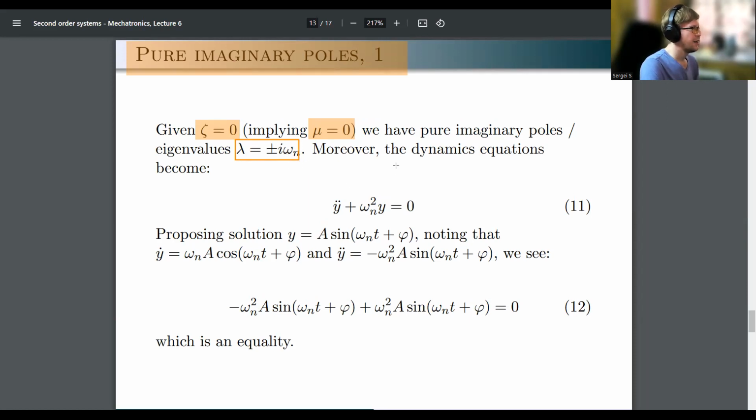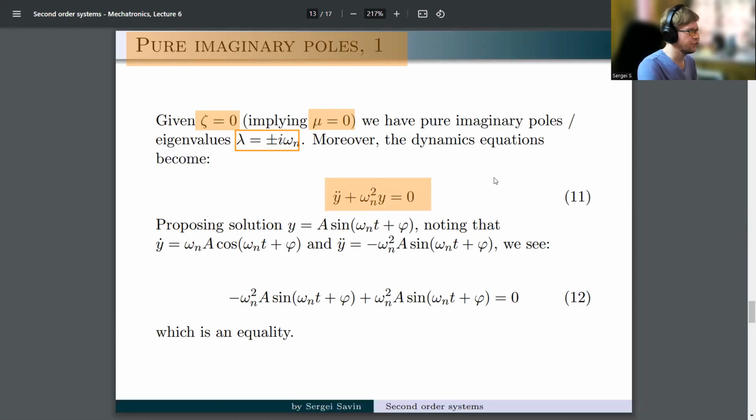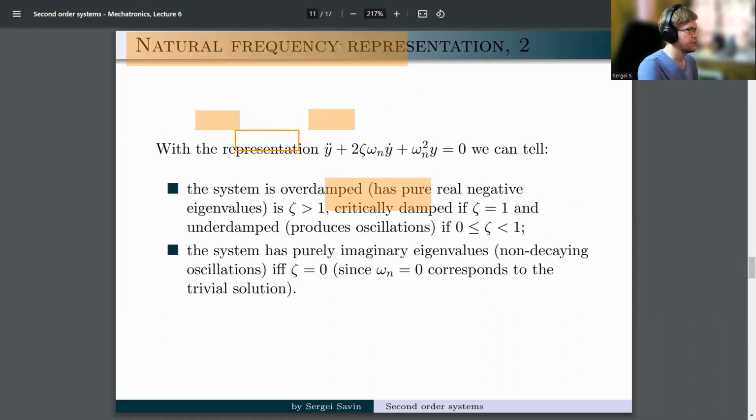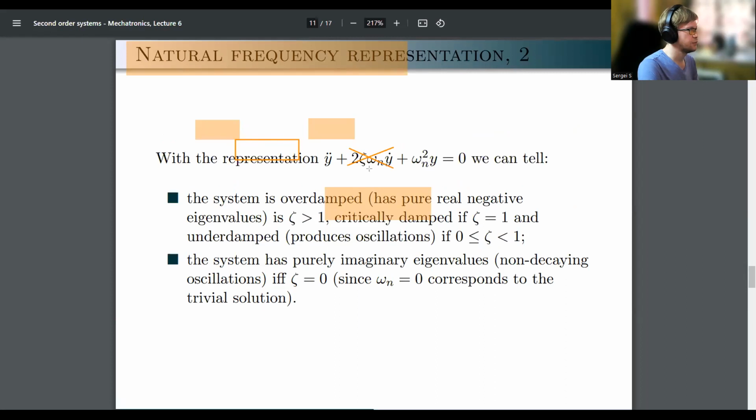Not only that, but we can also write how the differential equation looks. We cancel this term because it contains 0, so 2 times 0 times something is just 0. We only have those two terms left, this and this.